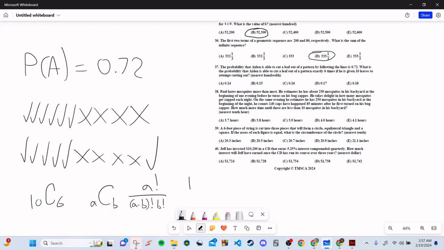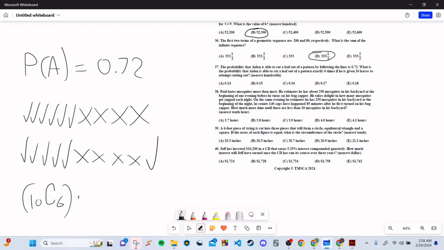Where factorial, for example, 4 factorial means 4 times 3 times 2 times 1. 10 factorial means 10 times 9 times 8 times all the integers down to 1. Alright? And so there's 10 choose 6 ways to arrange this.